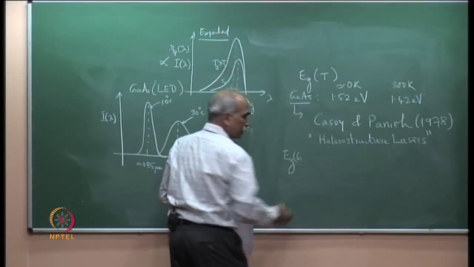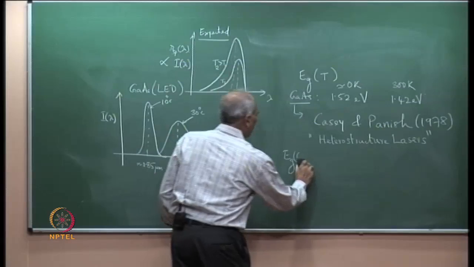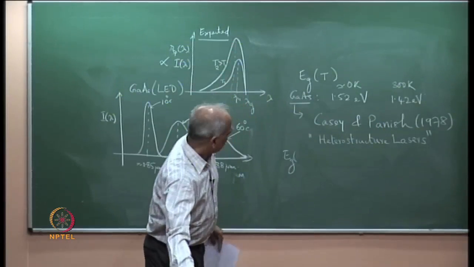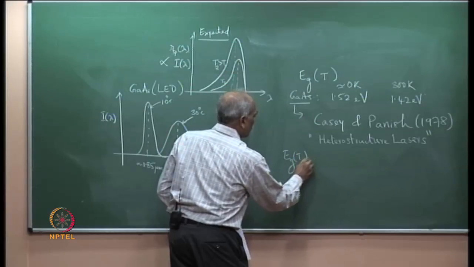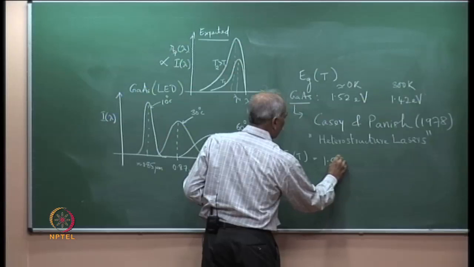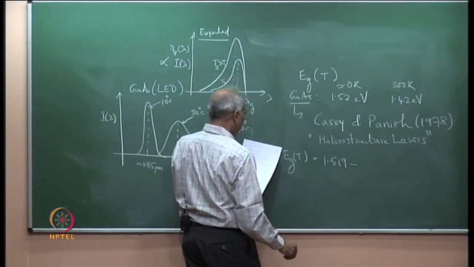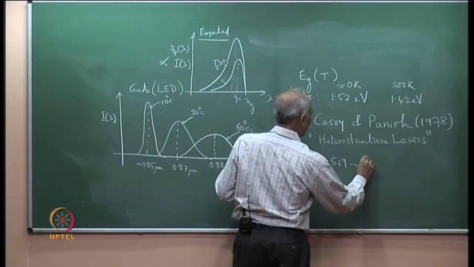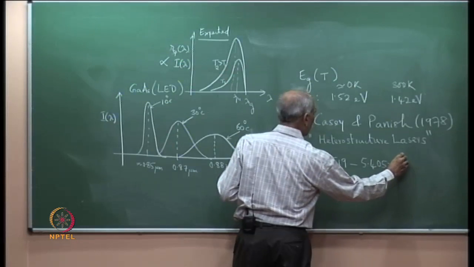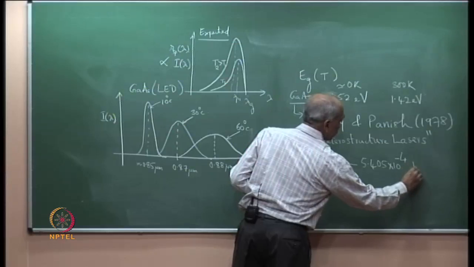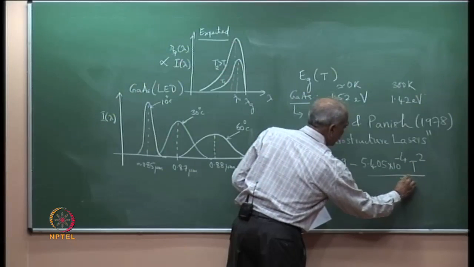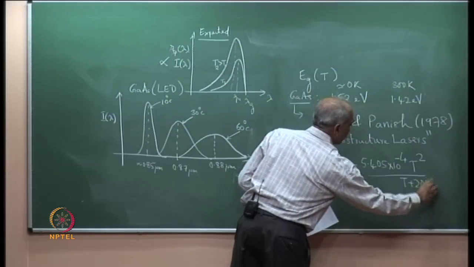It is listed for almost most of the useful semiconductors, but I am writing only for gallium arsenide. Eg for gallium arsenide, temperature dependent, is given as 1.519 minus, this is an empirical formula, 5.405 into 10 to the power of minus 4 into T square divided by T plus 204.